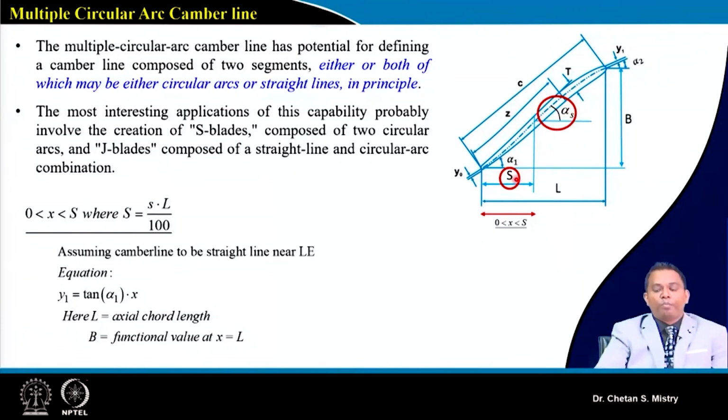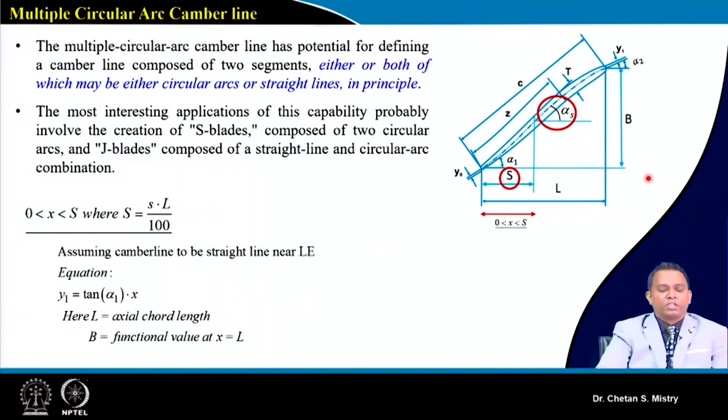Now, from the leading edge to my inflection location, we will be considering one curve, or we can say one camber line, and from the inflection point to the trailing edge we will be considering another line. Now, there are different methodologies; different authors, researchers, companies and universities are developing their own camber lines for multiple circular arc.